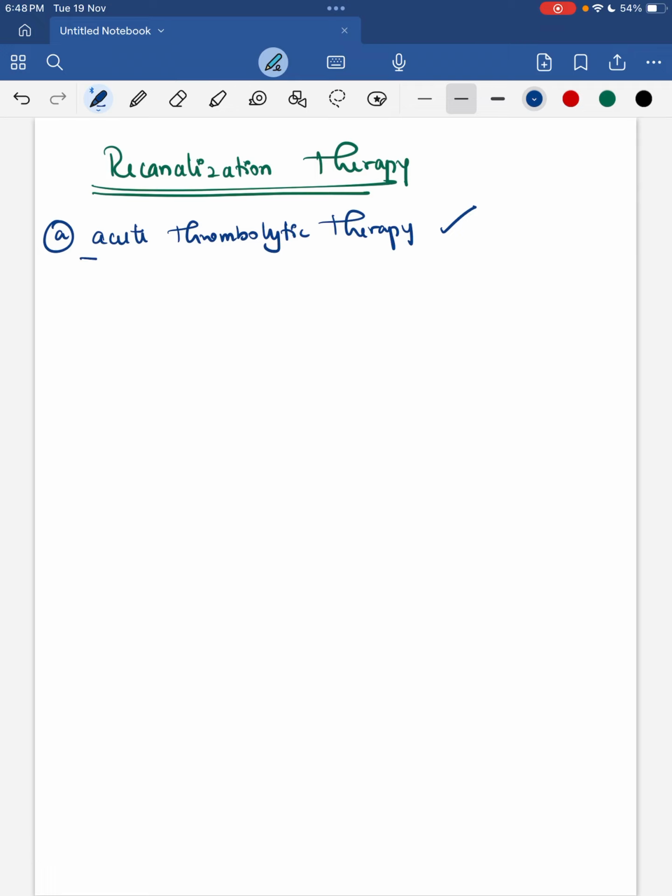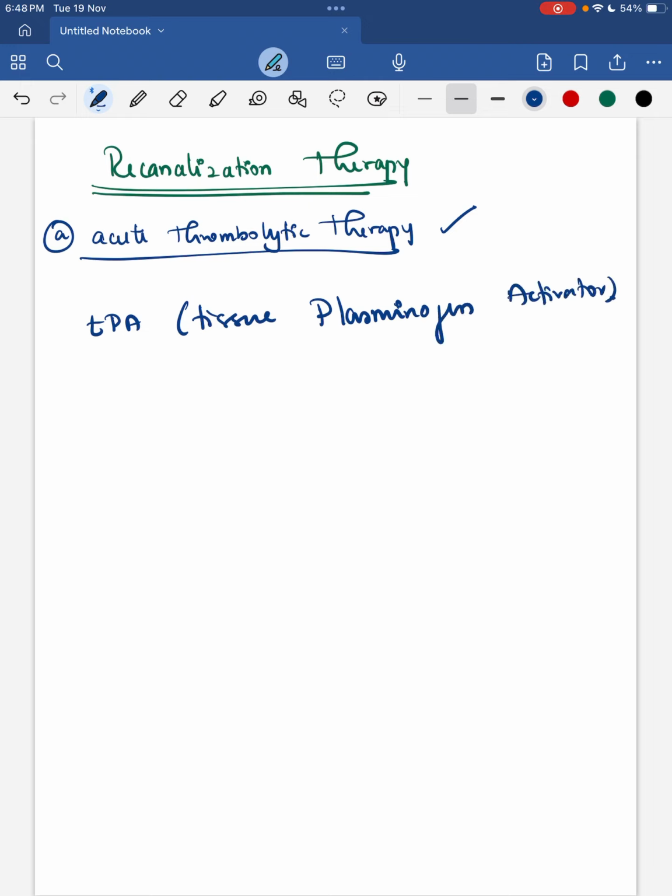We use tissue plasminogen activator for your acute ischemic stroke, and it is considered to be used between the age group of 2 to 8 years. This is mainly on a case to case basis, okay, and this treatment should be administered within 4 to 4.5 hours of arrival.